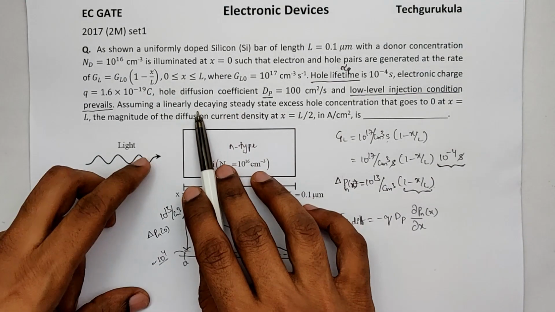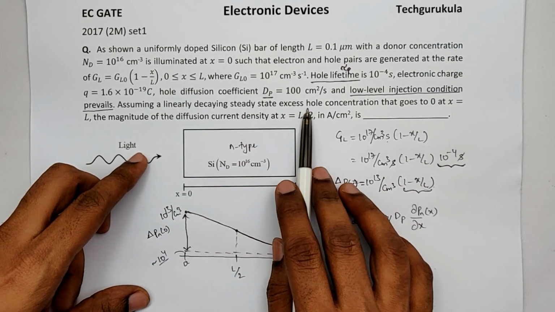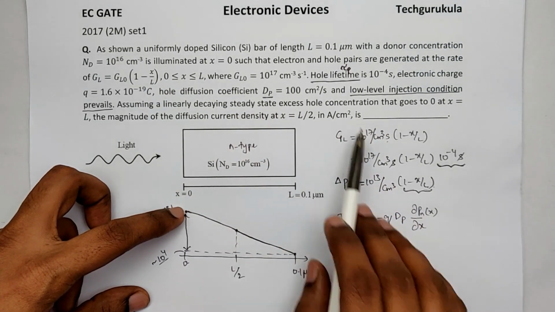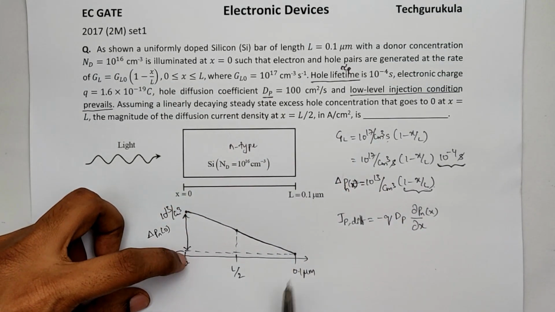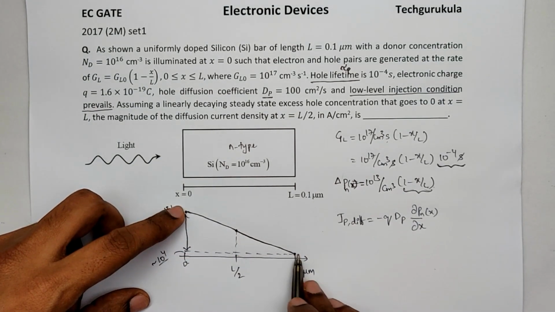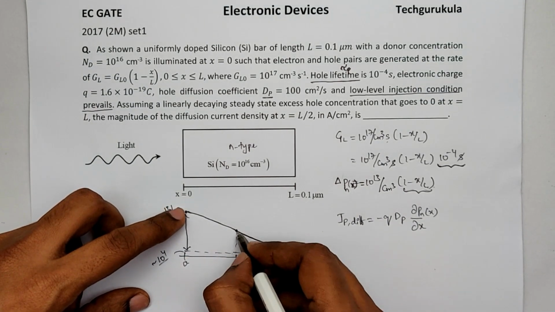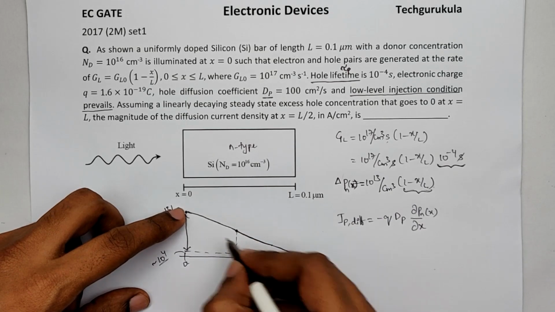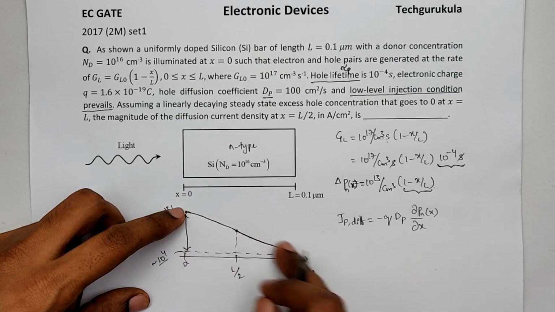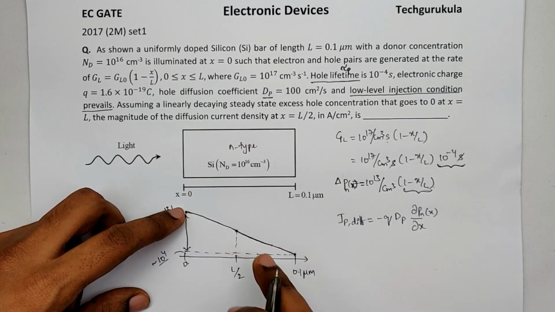Now assuming this linearly decaying steady state excess hole concentration, this is excess hole concentration linearly decaying from 0 to L, then we need to find the diffusion current. Of course, looking at this line, the slope at L by 2 or here would be the same. It doesn't really matter where we take the slope because it's a line. So we need to find the slope.